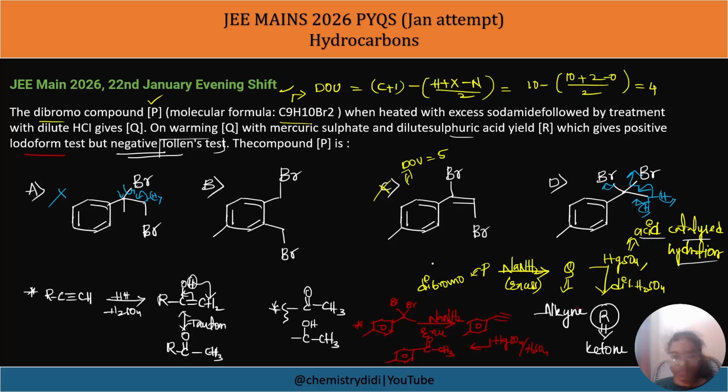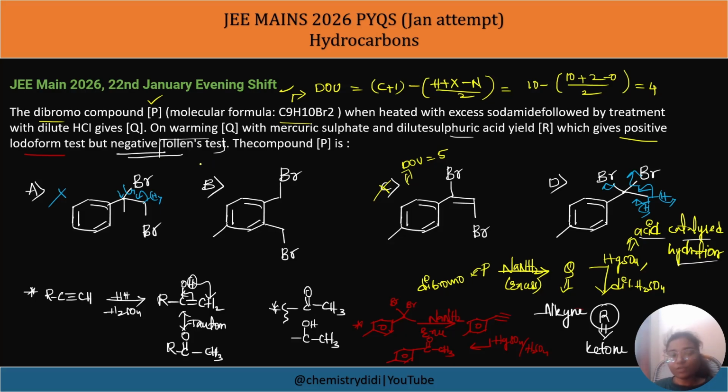In acid catalyzed hydration, there is a simple trick to get the product. I haven't explained the detailed mechanism, but I have just given the idea. Based on the type of alkyne, you will get the product. And as they clearly mention, it gives a positive iodoform test and a negative Tollens test. A negative Tollens test means it is a ketone.